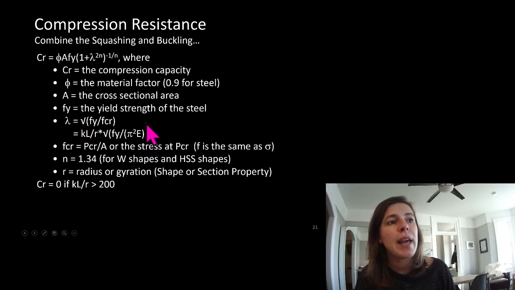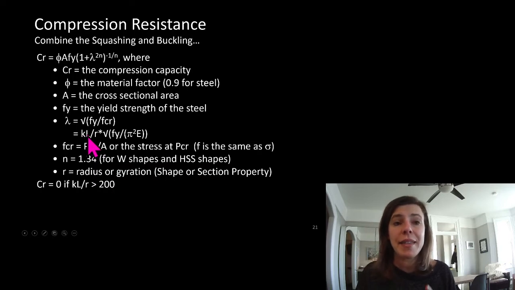So lambda we will calculate this way. KL, well, that's the length times 1, because we're only going to be doing the equation using a K of 1. R, I've told you can look up. That's no problem. We can look that up in the steel section properties. Square root of Fy, we know, that's the yield strength of the steel.